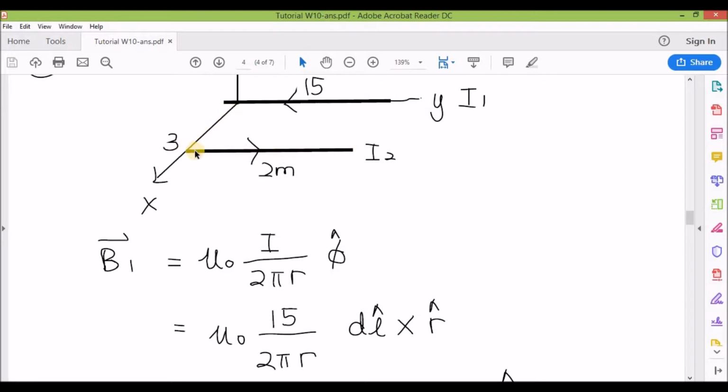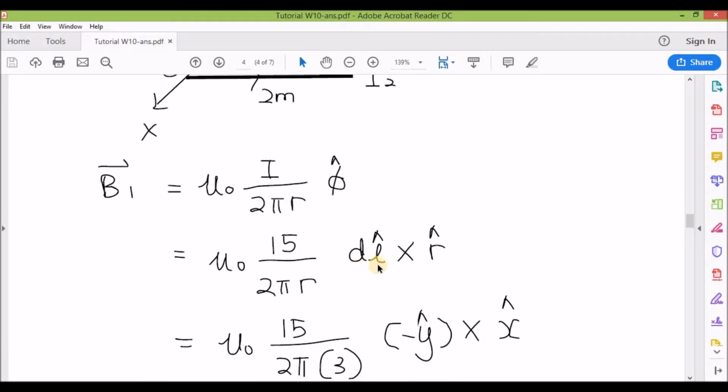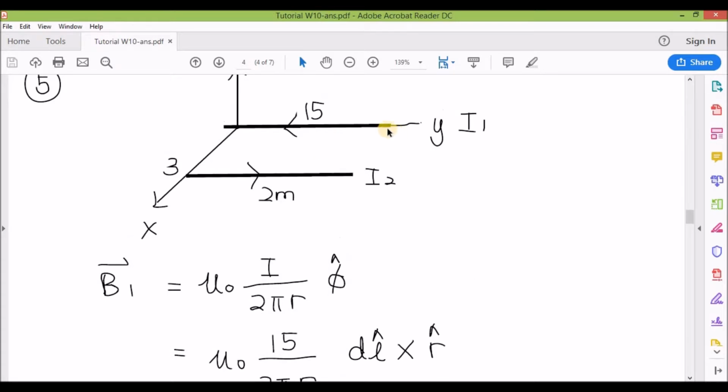So the R will be 3, okay, will be 3 here, and the dl represents, this one is a unit vector phi, so it is equivalent to unit vector dl cross product with the unit vector r. So dl depends on the direction of your current.